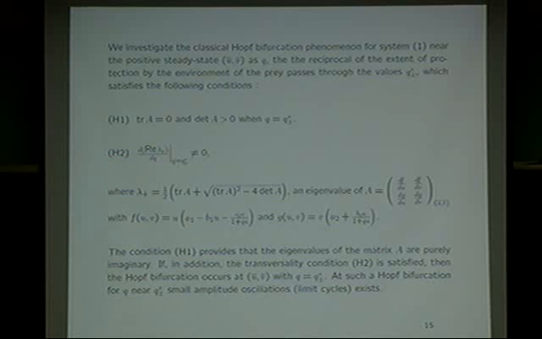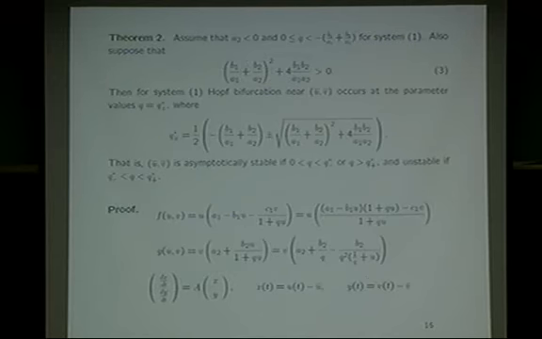Okay, so we will see what conditions are required for the parameters A, B, C, and Q to satisfy these two conditions for the Hopf type bifurcation. Okay, so the result is described in Theorem 2. When this condition A2 is negative and this value Q is less than this quantity, this provides for system 1 to have the positive constant steady state.